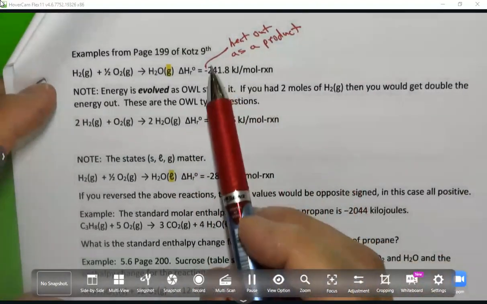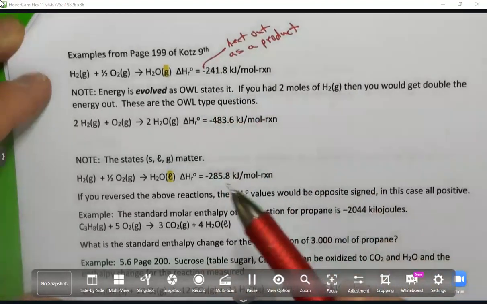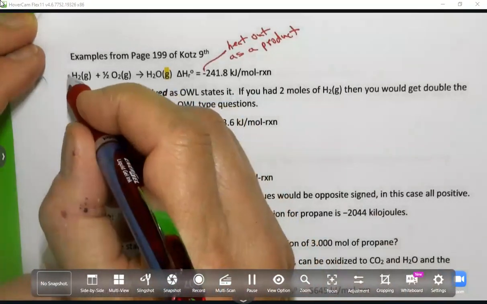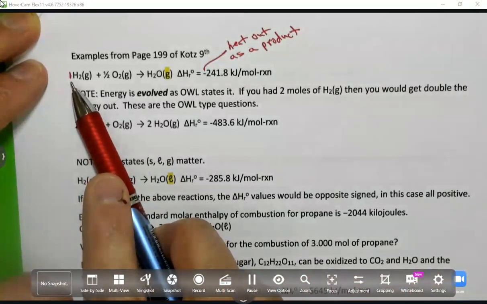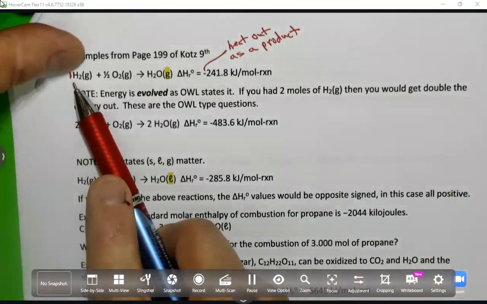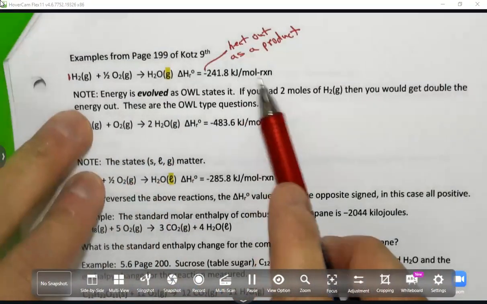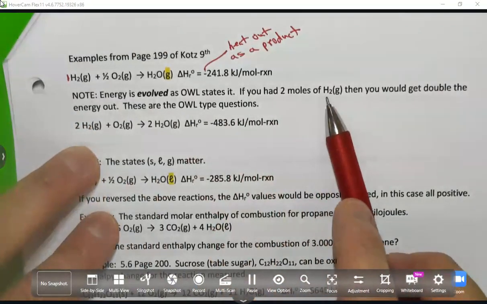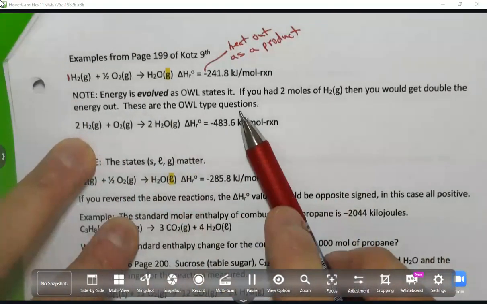Now, if you get 241.8 kilojoules per mole, notice that there's a 1 right here when I balance my equation, correct? And these are mole ratios. 1 hydrogen, 1/2 oxygen, I get 1 water. And this is in kilojoules per mole. If you had 2 moles of hydrogen, you would get double the energy out.